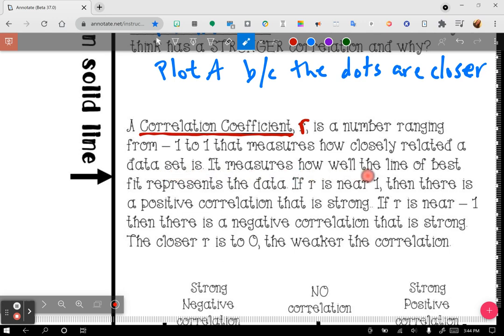It measures how well the line of best fit represents the data. If R is near 1, then there is a strong positive correlation. If R is near -1, then there is a strong negative correlation. The closer R is to 0, the weaker the correlation.